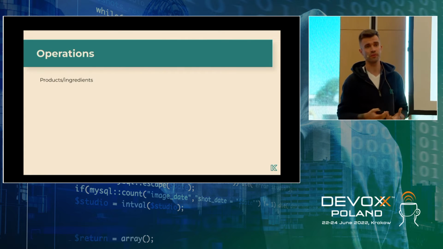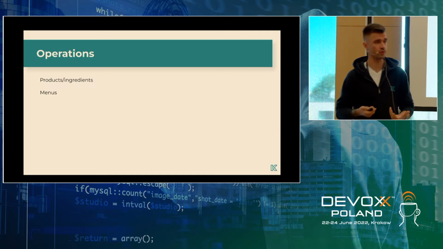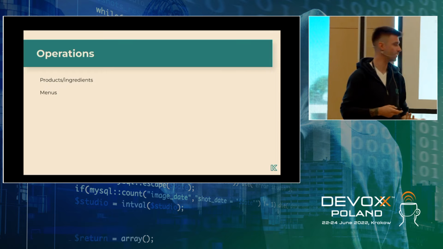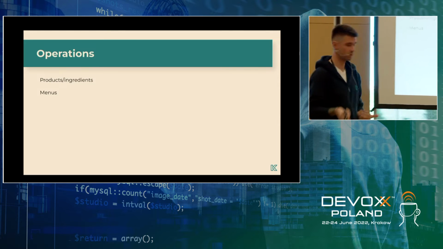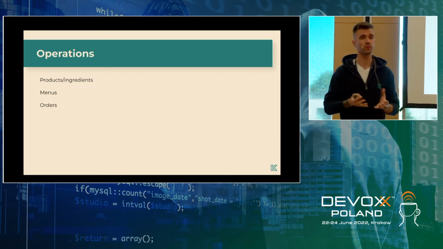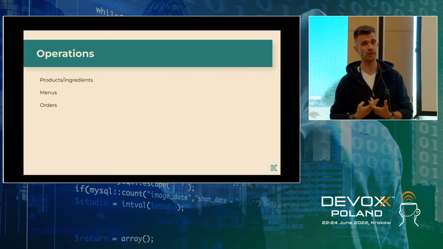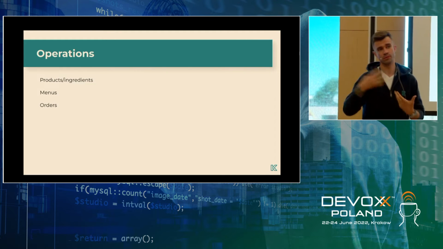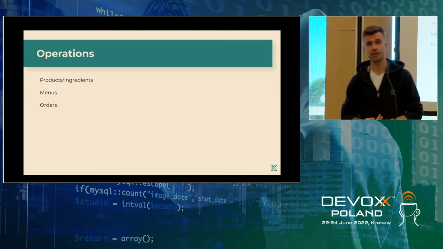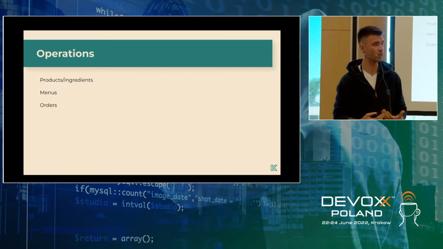So we start with managing our ingredients. We are also building menus for the restaurants with which we are working. Then actually the most important part of Kitopi is ordering. We take orders from different sources, directly from our customers, from people in physical locations, but mostly from so-called aggregators. Aggregators are third-party websites.